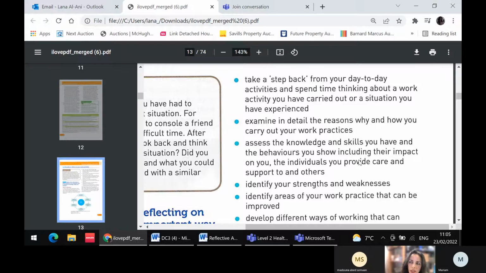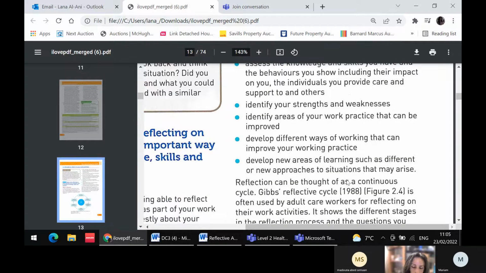Then you can tell yourself, I actually need training in this, I need training in that. Then you can get training, develop in different ways in your work, and also develop new areas of learning, such as different or new approaches to the same situations that might happen again in the future.